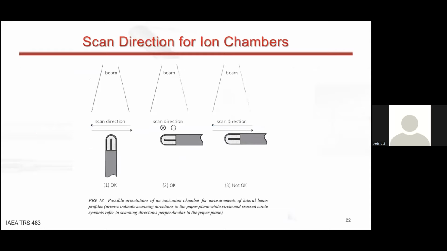What are the recommended scan directions for ion chambers? We can use an ion chamber for scanning if its direction is perpendicular to the scan direction. For example, we can use this ion chamber in axial direction to acquire X profile as well as Y profile, crossline as well as inline profile.